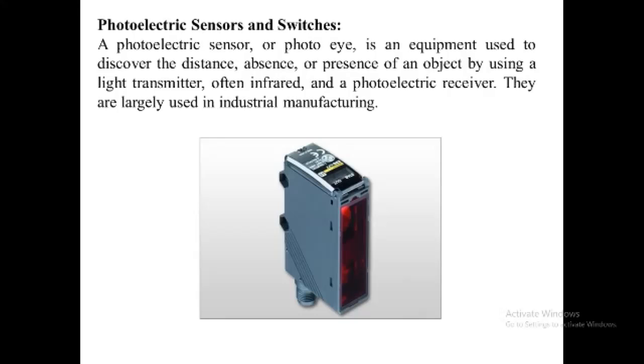What is a photoelectric sensor? Basically, this name indicates it depends on the light system. Generally, we use photoelectric sensors and switches in day-to-day life. This photoelectric sensor or photo eye is equipment basically used to discover the distance, absence or presence of an object by using a light transmitter.